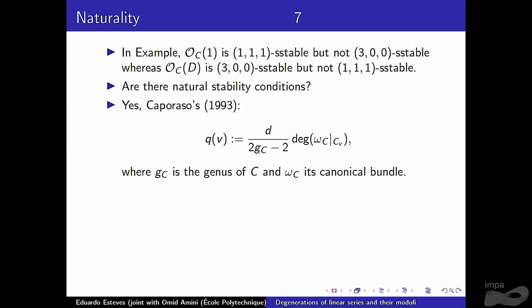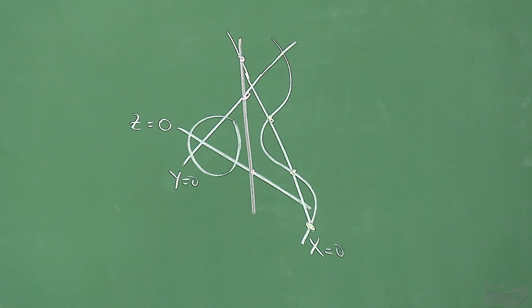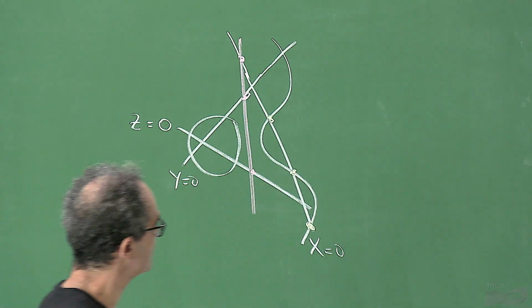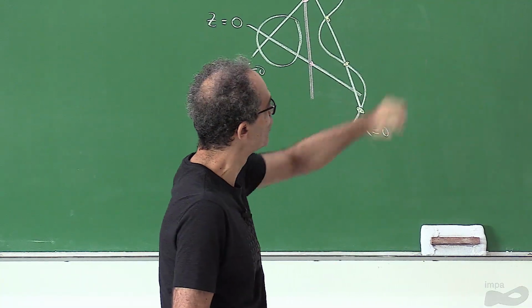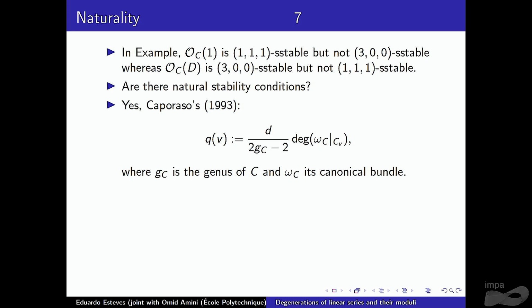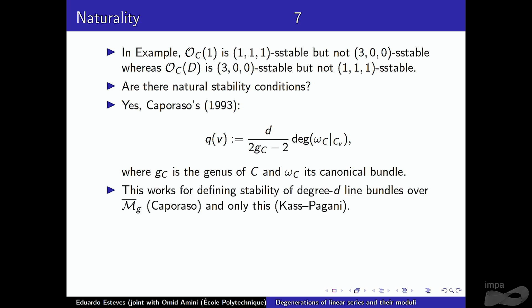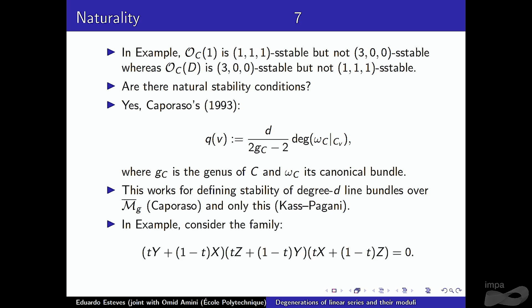But if you're interested in these yellow divisors there, this doesn't work here. Of course, this wouldn't work here because this is genus 1, but the canonical polarization here would be exactly the polarization, or the Q would be (1, 1, 1). And the reason why only this polarization works in moduli is that, as Cass and Pagani describe well, things can change.